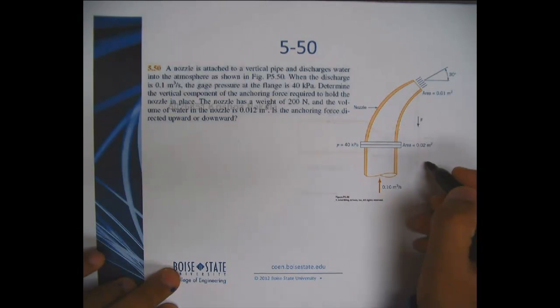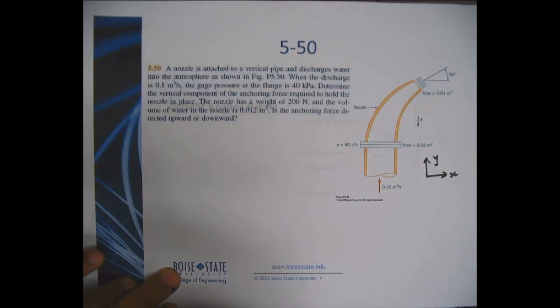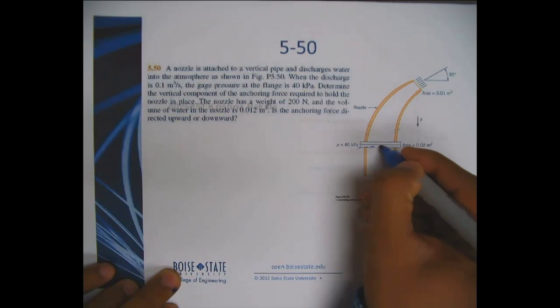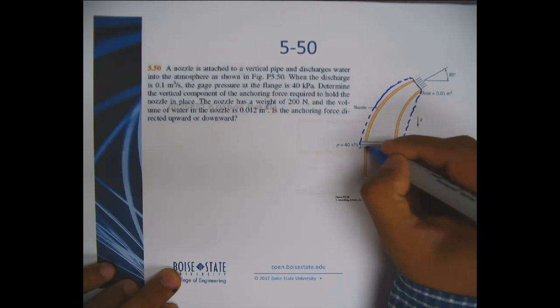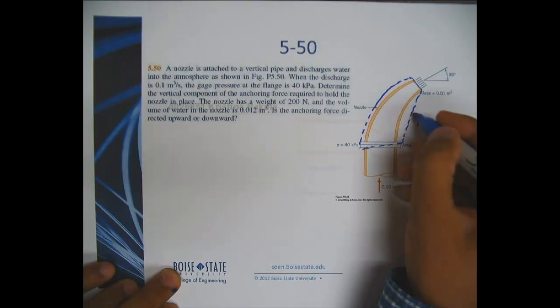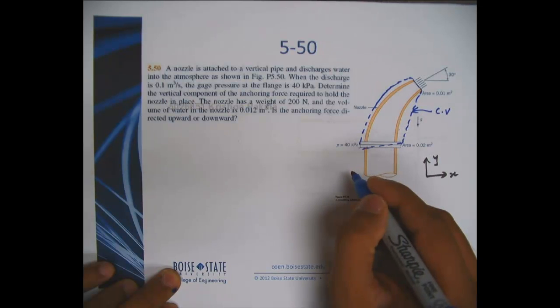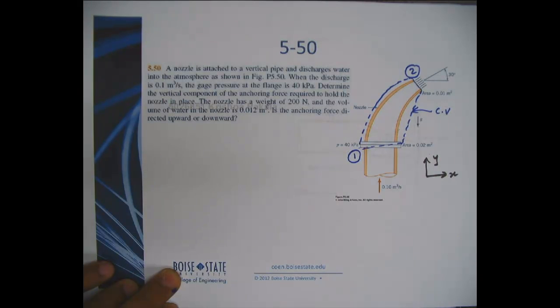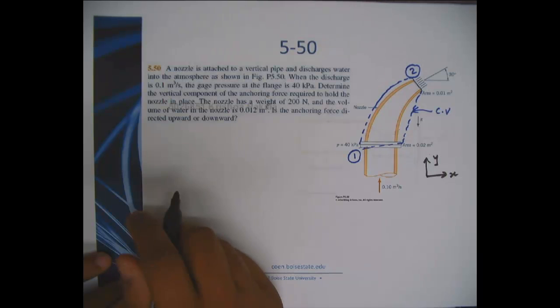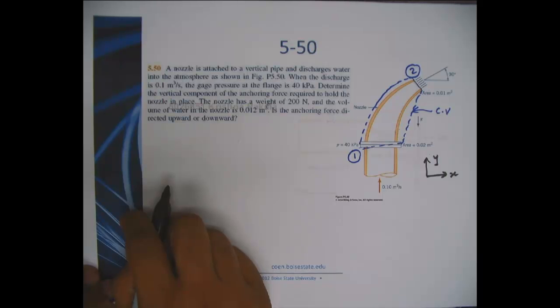Okay, so let's represent your x and y directions here, and let me draw the control volume connected to where I'm interested in. So this is my control volume. Let me name this section 1, cross section 2. Alright, so if I have that, I can do similar analysis to what I've been doing in the previous problems.